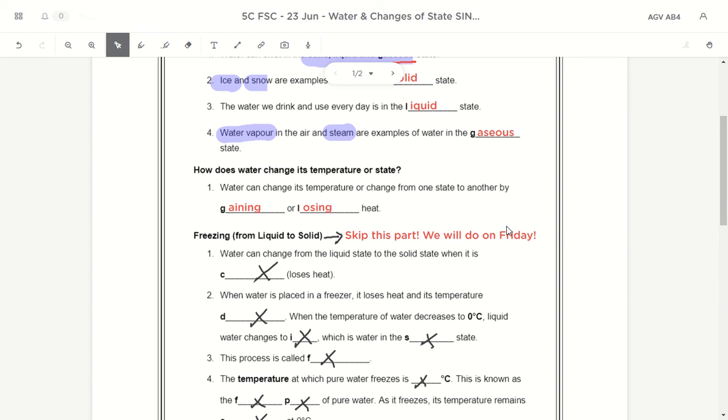When the ice is in the open, in the classroom, it starts to gain heat from your hand or from the surrounding air. As it gains heat, the temperature increases. It starts to change in state from solid to liquid. When you gain heat, 3 things can happen to matter: temperature increase, it undergoes a change in state, or it can expand, like what you learned last year in P4.